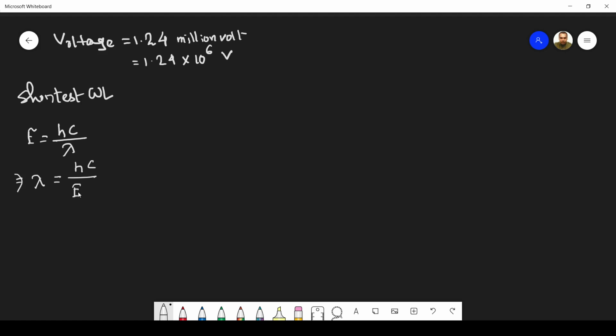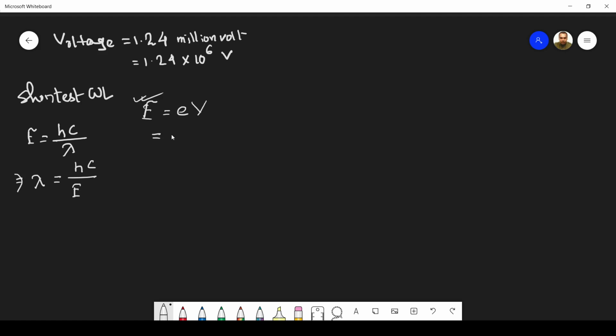Now, are we given the value of E, the energy? No, we are not given the value of energy. So how can we calculate the value of E? Energy is equal to electron charge multiplied by the applied voltage. You have to remember this relation.